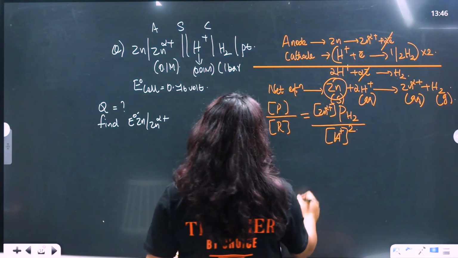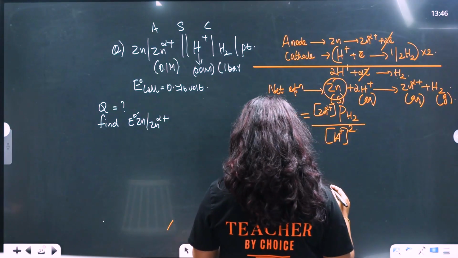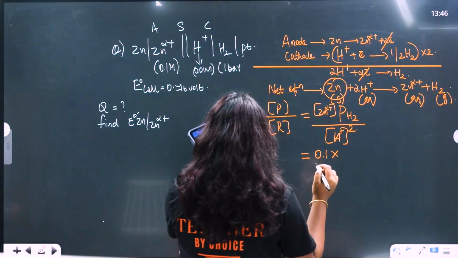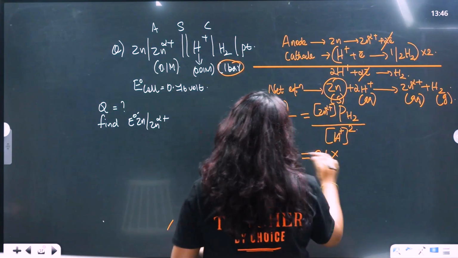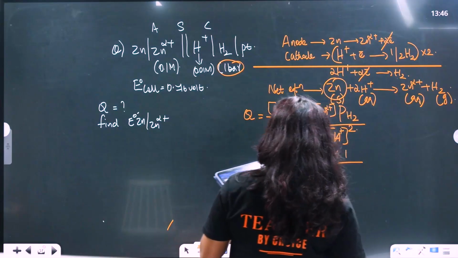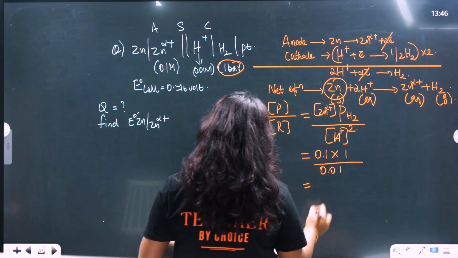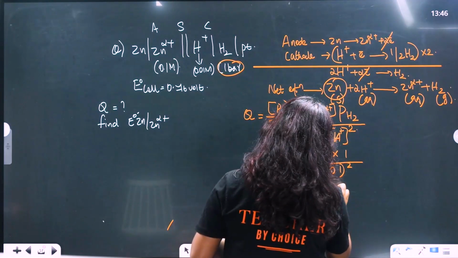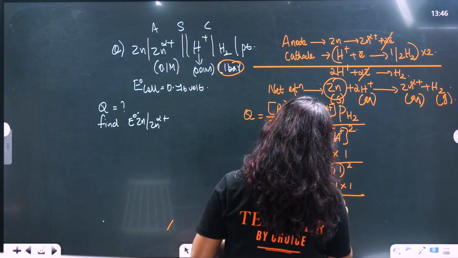They have given you the concentration of Zn2 plus, 0.1, right? And the pressure of hydrogen in atm is also given, which is 1, divided by H plus, which they have given as 0.01. It's a very direct question. We can write it as 10 raised to minus 1 into 1 divided by 10 raised to minus 2 the whole square.